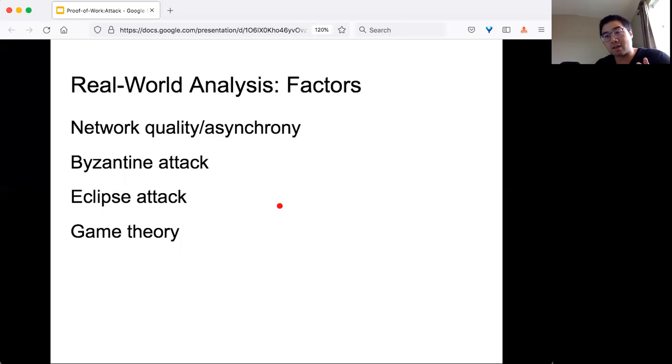There's also the eclipse attack, which is related to denial of service attacks. And you also have game theory: you need to analyze what happens if some miners are selfish, or if some miners cooperate with others. It's complicated and beyond the scope, but I want you to be aware that Bitcoin is a very cool protocol, but proving what the attack probability actually is is very non-trivial.